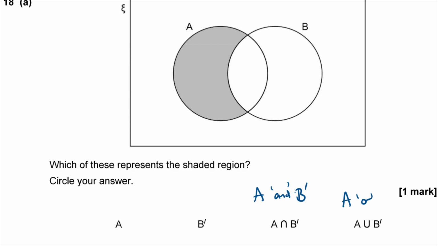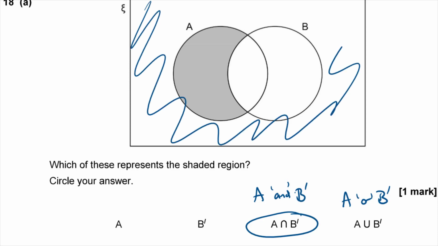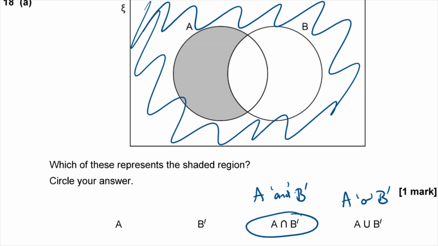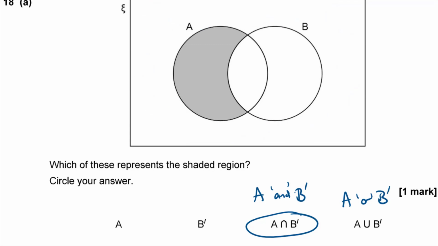Is it in A or not in B? Well, I think it is this one. It's in A and it's not in B. Because if it was in A or not in B, it would also be this area around the edge here. That would be A or not in B. So not that one. It's A and not in B.